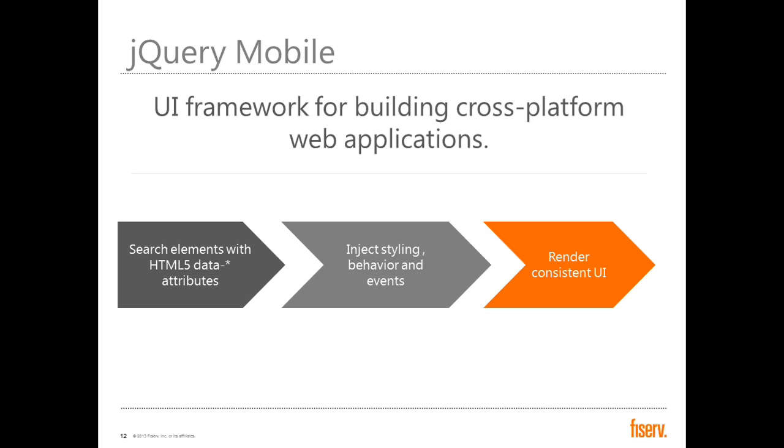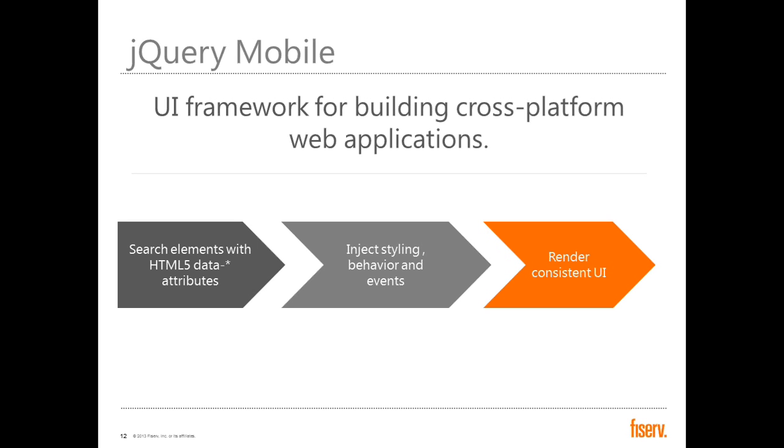It first searches the elements in the HTML page with the data-star attributes. Once it locates those data-star attributes, it will inject all the styling, the behavior and the events into these elements. And finally, it is going to render this UI onto the mobile. So now ASP.NET MVC4 along with jQuery Mobile is going to make this possible because MVC4 is going to detect the mobile view.